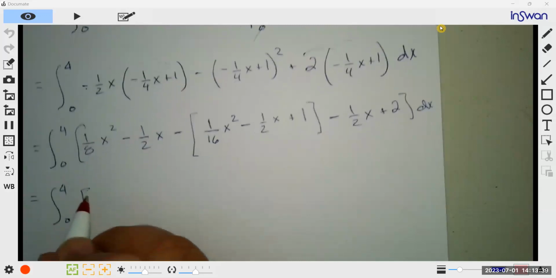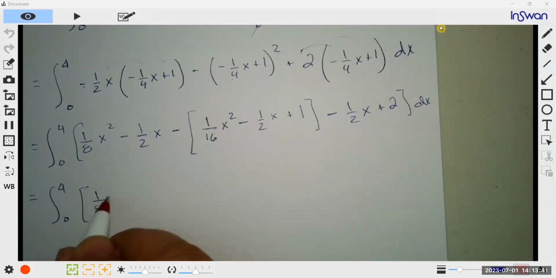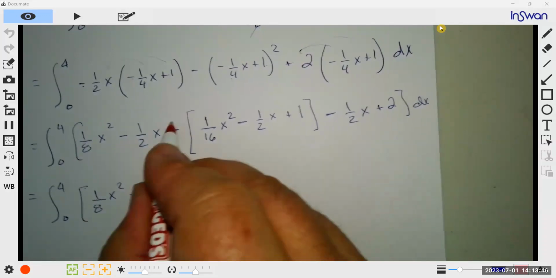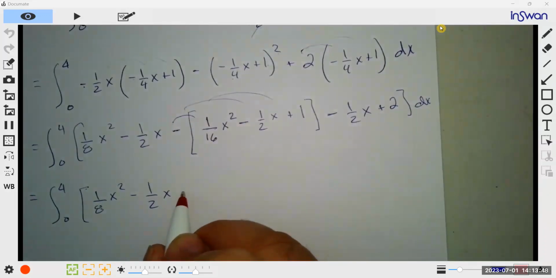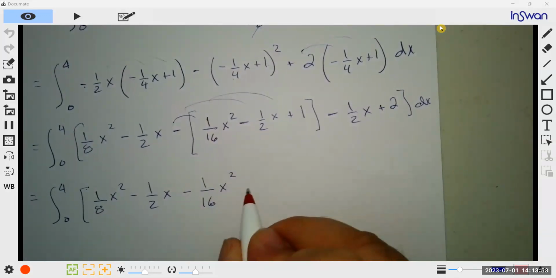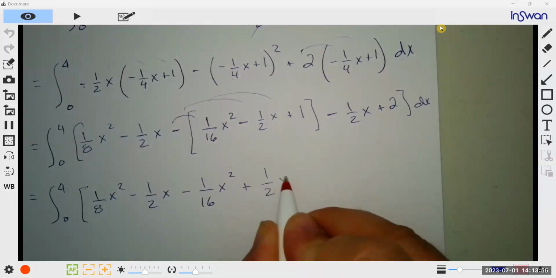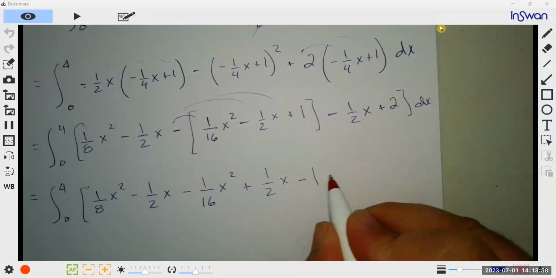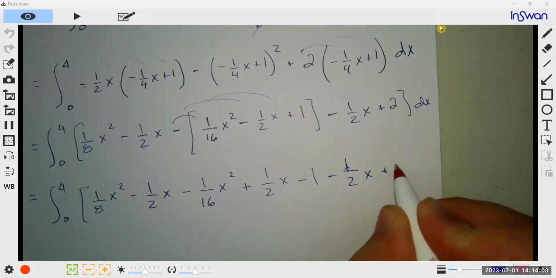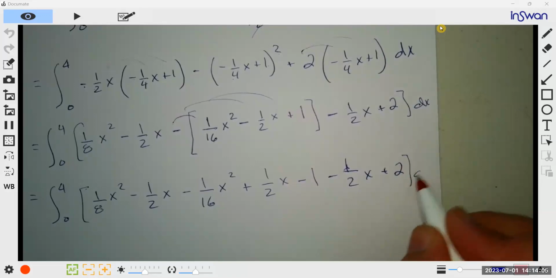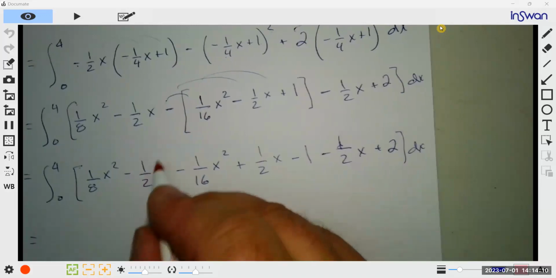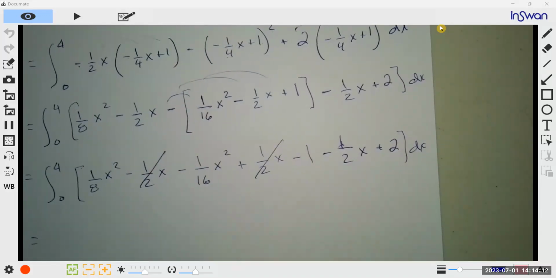Let's clean this up the best we can. 1/8 x squared, 1/2 x. Distribute that negative sign. 1/16 x squared plus 1/2 x minus 1, minus 1/2 x plus 2. Negative 1/2, positive 1/2 cancel.